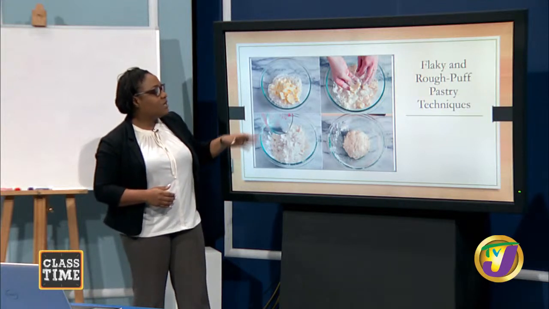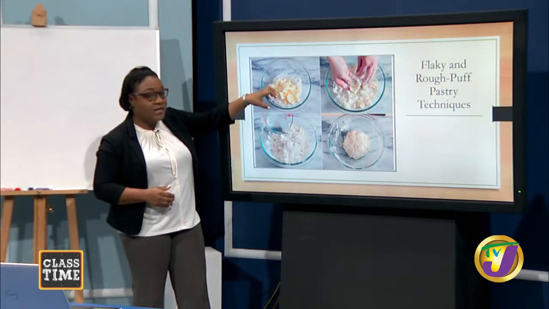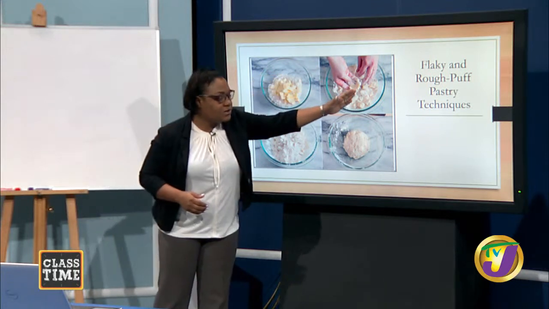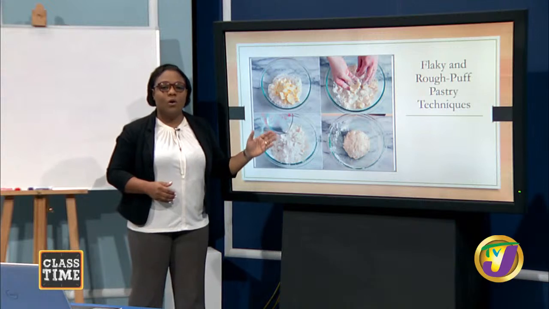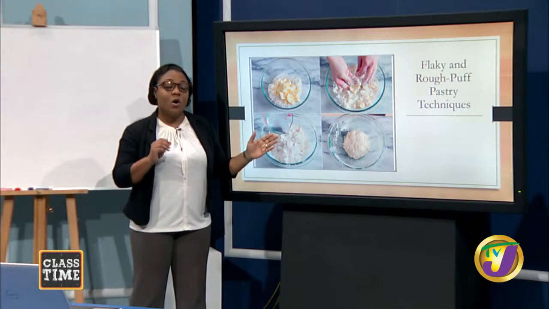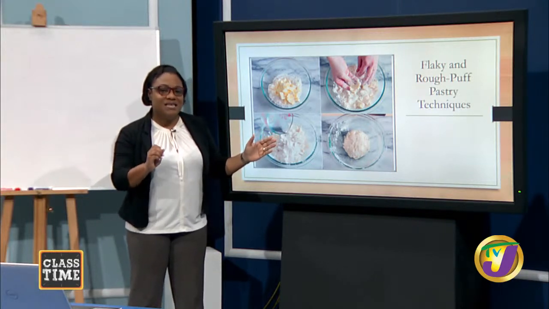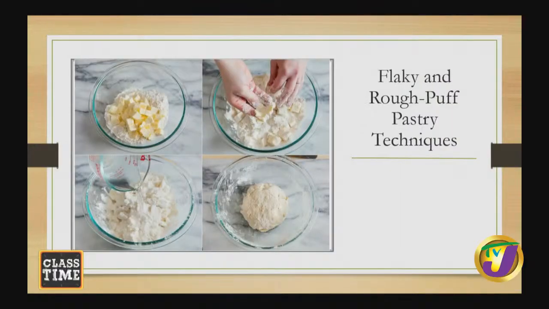This is the technique. It will start off with cold fat with the flour. We cut it into the flour, just like we said. Then we add cold water. Remember I said that all our ingredients need to be cold, so that the pastry holds its texture and its structure.